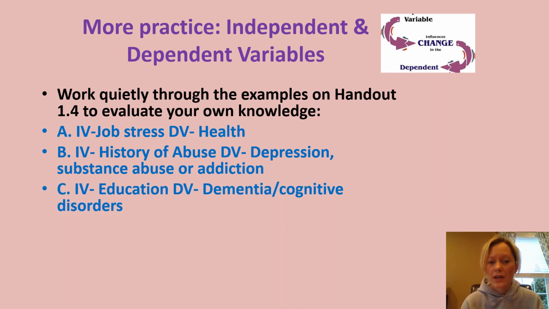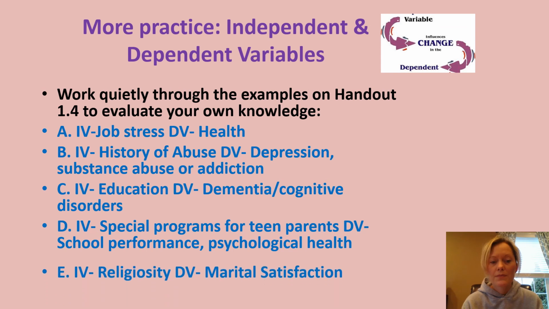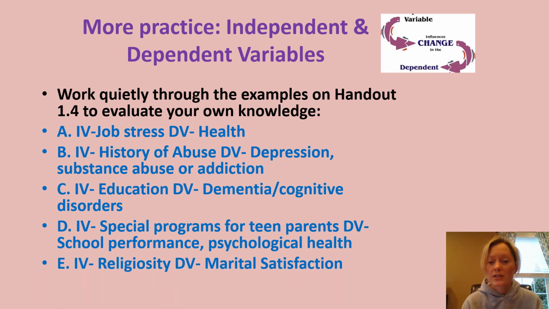Third one, education, and they're measuring dementia or cognitive disorders. And then the fourth one, special programs for teen parents and measuring their school performance and psychological health. And then E, religiosity, or how religious you are, and your marital satisfaction.